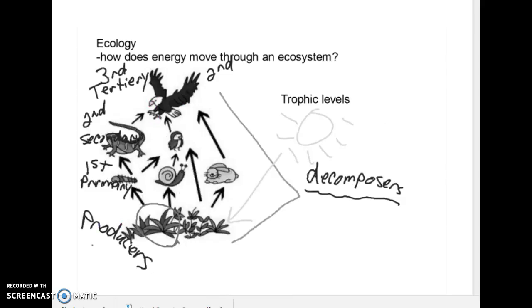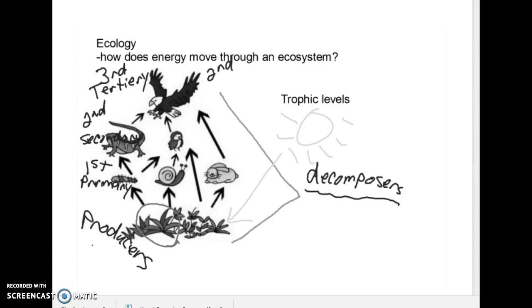Another concept that we just covered that you can expect to see on the MCAs is there's a lot of ecology, and some of it kind of just remember that there's only a certain amount of energy in each ecosystem.